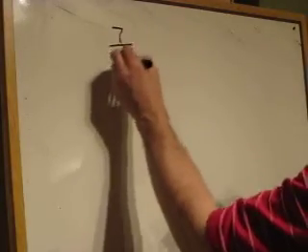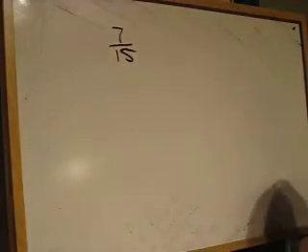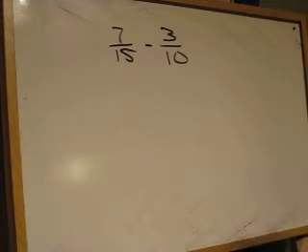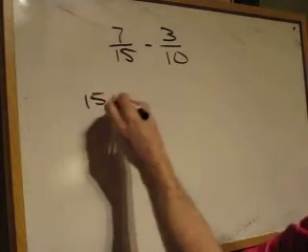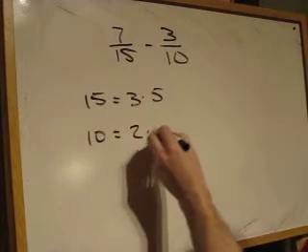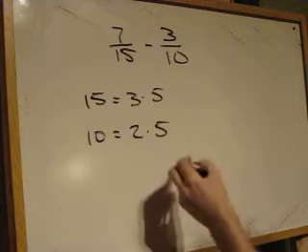Let's do the 7 over 15. We found the least common denominator for that earlier. And what we did, if you remember right, is we did this, 3 times 5, and 10, we made that 2 times 5. We circled the ones that occur the most.